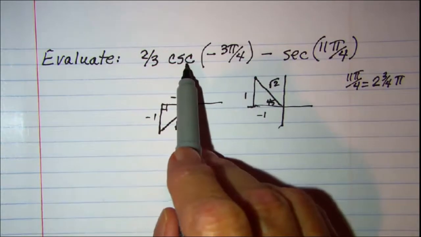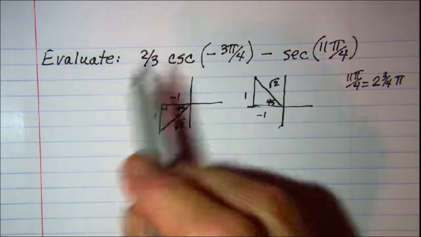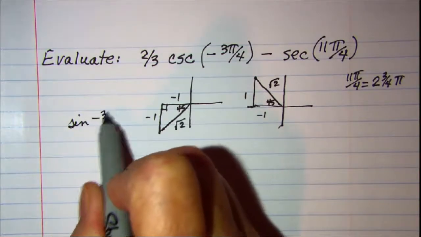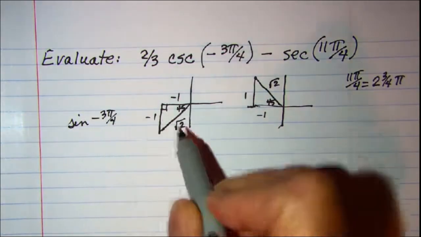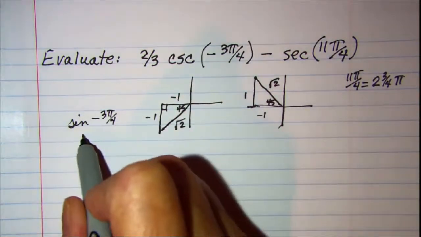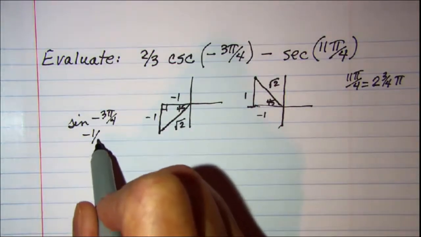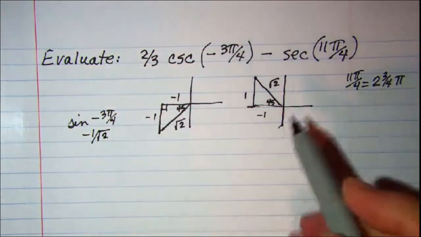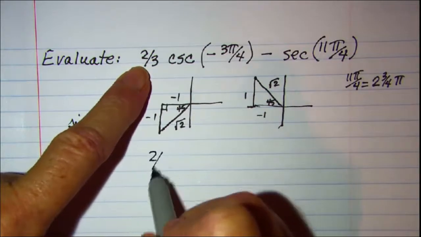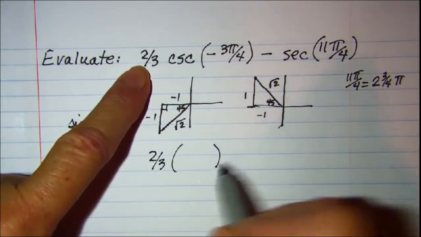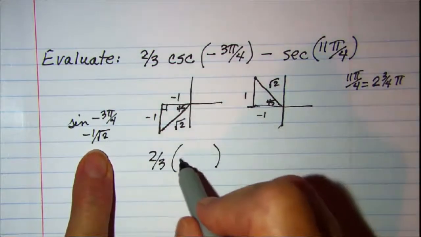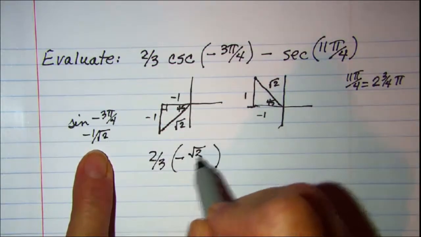Alright, so cosecant is the reciprocal of sine. So my sine of a negative 3 pi over 4 is opposite over hypotenuse. So that's a negative 1/√2. So in this expression then, I have 2/3 times the reciprocal of this fraction, which would be a negative √2/1.